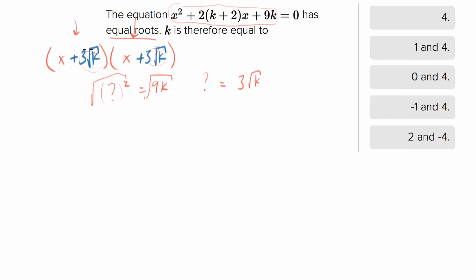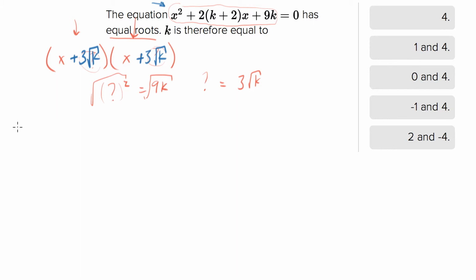Okay, so this must be our roots. This is our binomial. We just factored the equation that we were given, and it must be that. Now we can FOIL this out and compare it with the equation we were given, and we should be able to solve for k. So let's do that.